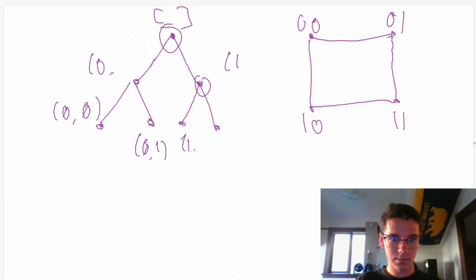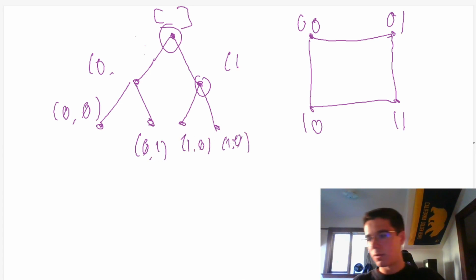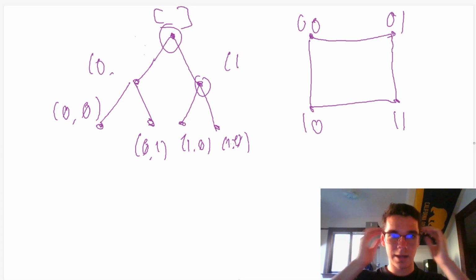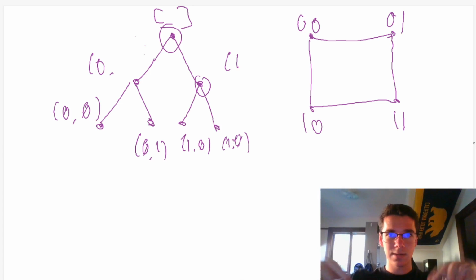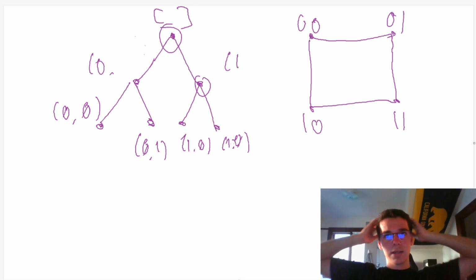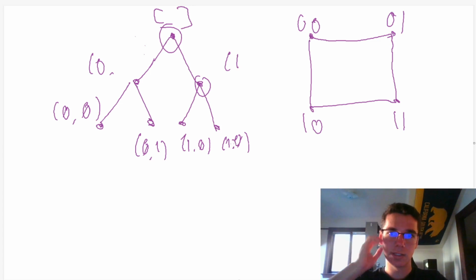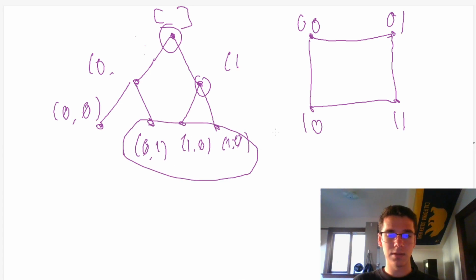Because for each level we go down, we get 2 more choices per each previous choice, we get this 2 to the n relationship: 2 to the n is the number of vertices. And so that's why we have the 2 to the n in the equation.